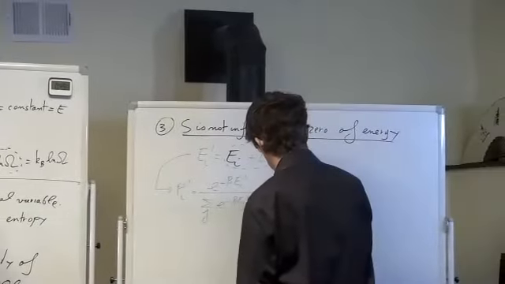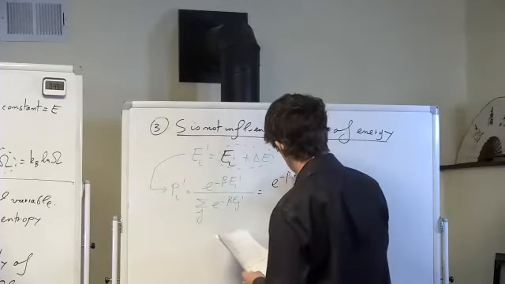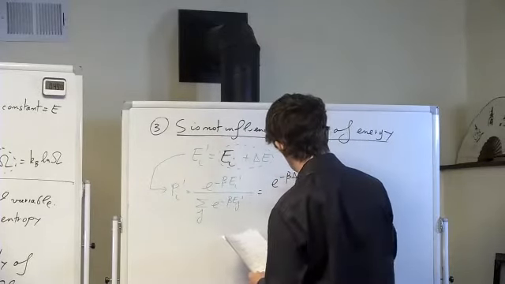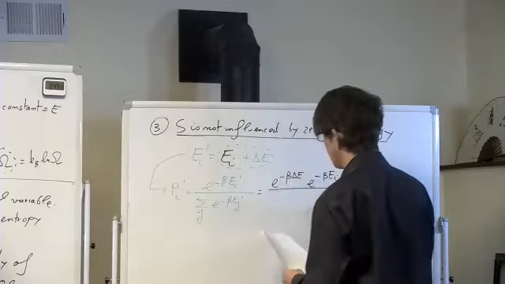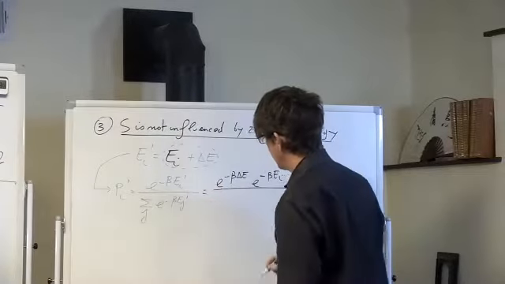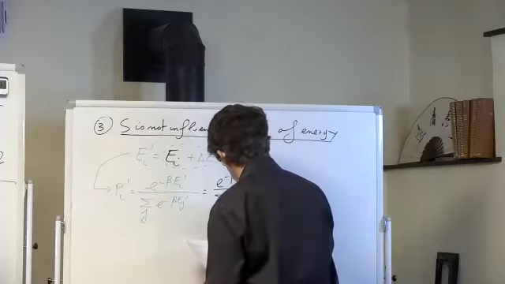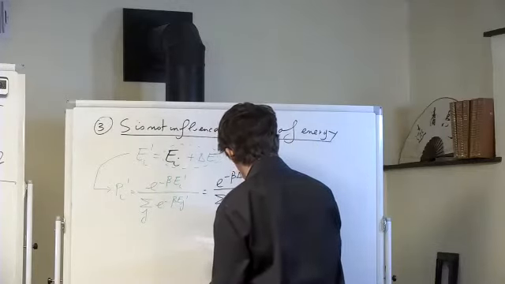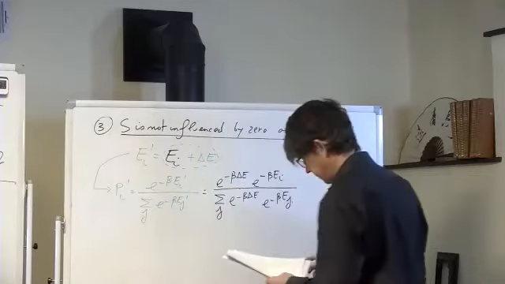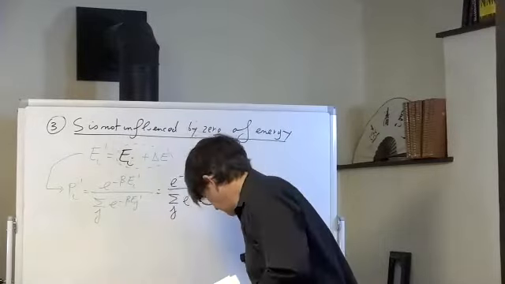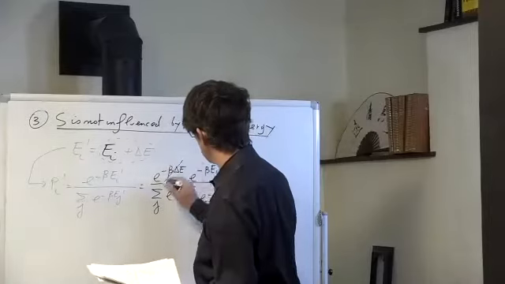And so this is e to the minus beta delta E times e to the minus beta E_i, right? That's this first term here. Sum over j, e to the minus beta delta E, e to the minus beta E_j. And since this is a constant, I can cancel this away.